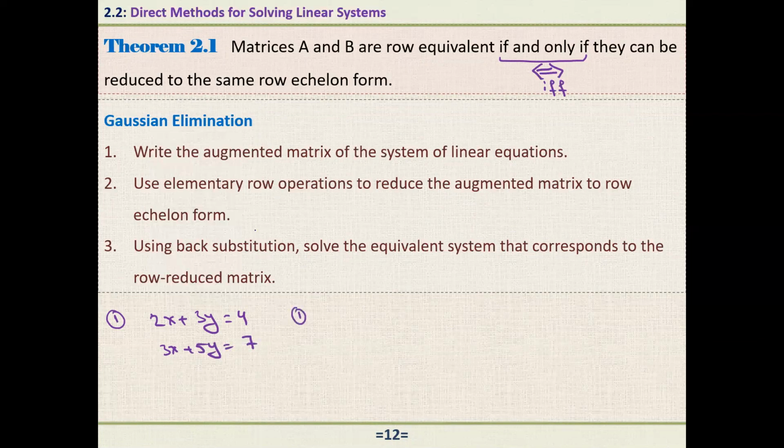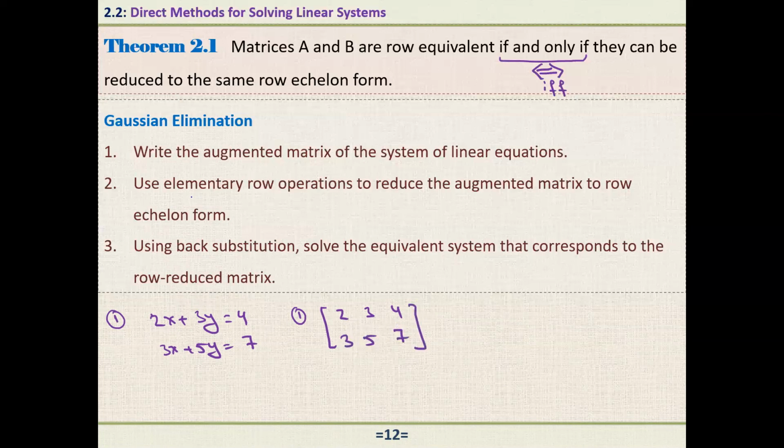And the first step says to write the augmented matrix of the system of linear equations. So what is the augmented matrix for the system? That is this matrix, right? It is 2, 3, 4, and the last one is the column of constant terms. So here we have 3 and 5 and 7.